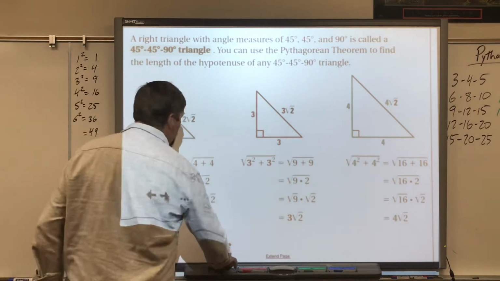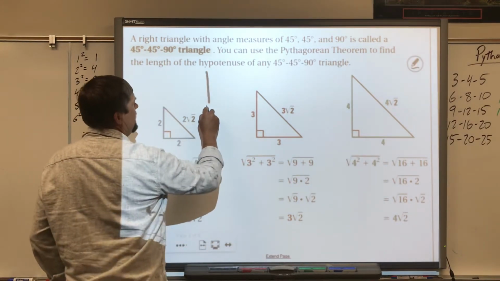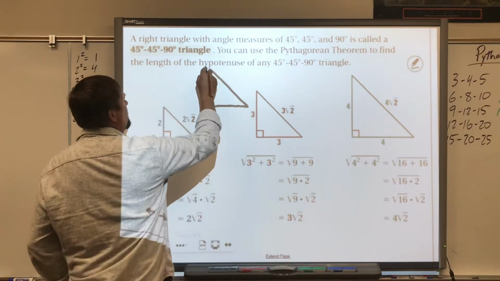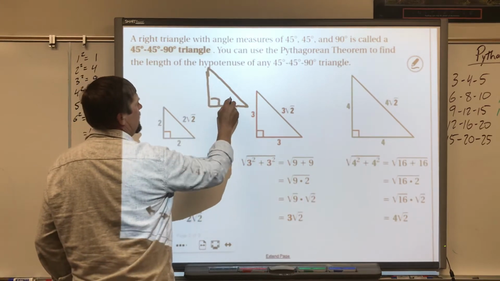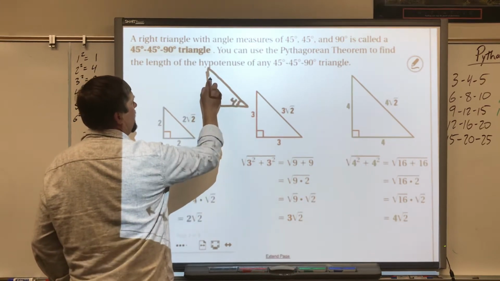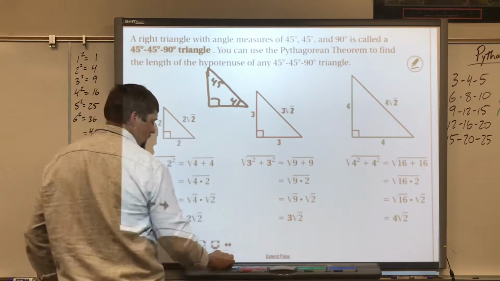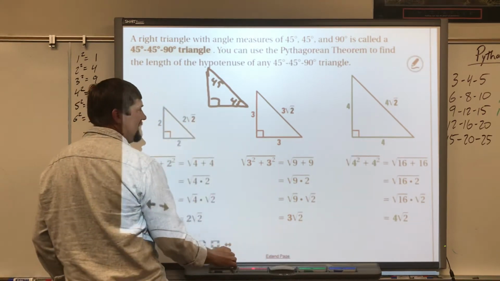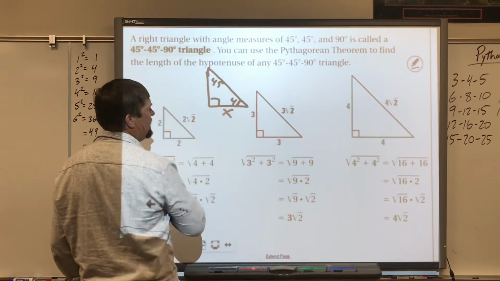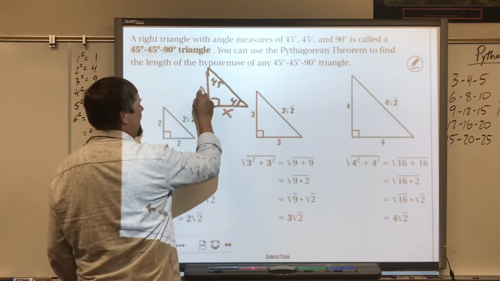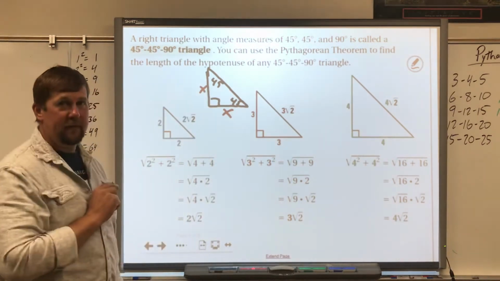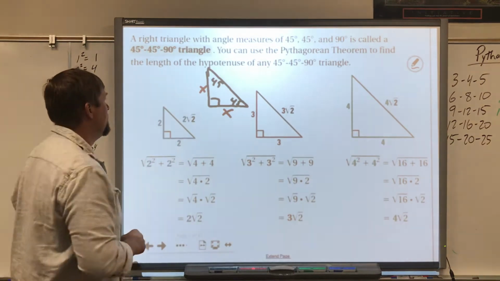When you have a 45, 45, 90-degree triangle, what happens is you have 90 degrees, 45 degrees, and 45 degrees. No matter what this value is here, this side is also that value because it's isosceles.